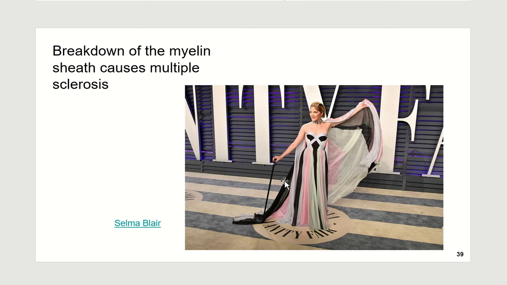And this is Selma Blair, an actress who has multiple sclerosis. This is her last year or two years ago at the Vanity Fair party for the Oscars, and it was her first time in public after receiving the multiple sclerosis diagnosis. One of the painful things about multiple sclerosis is that the symptoms come and go.